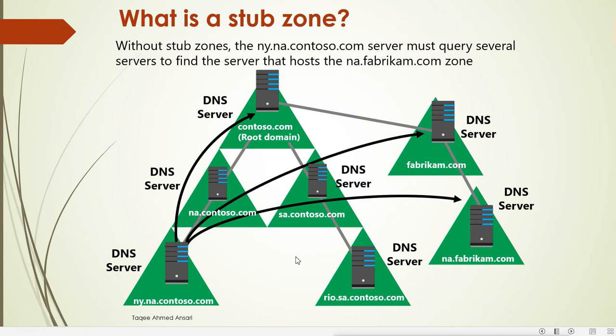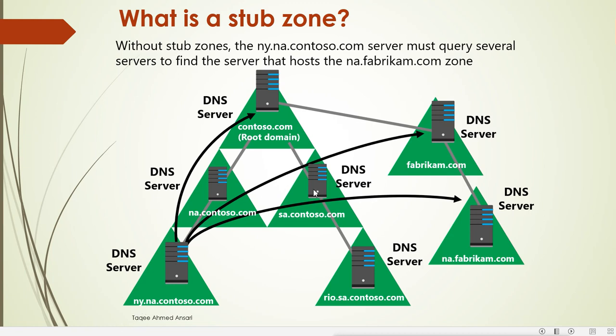Now consider this image here. This is our whole forest of the Microsoft domain, where we have the root domain here, contoso.com. Then we have na.contoso.com, which is the child domain of contoso.com. Then we have ny.na.contoso.com, which is the child domain of NA.